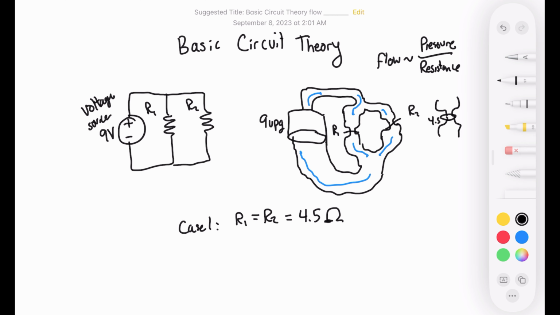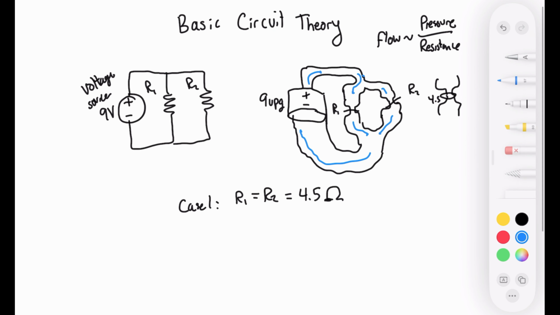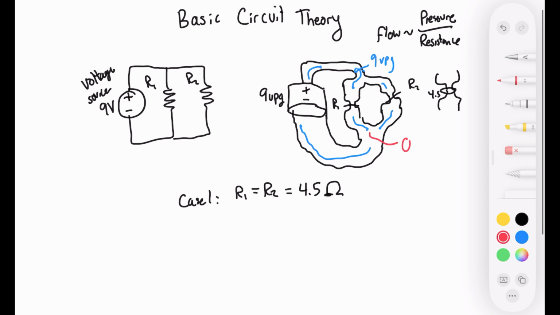Coming up here, if I was to probe the water pressure, I would have 9 units of pressure, and down here, I would have 0 units of pressure.